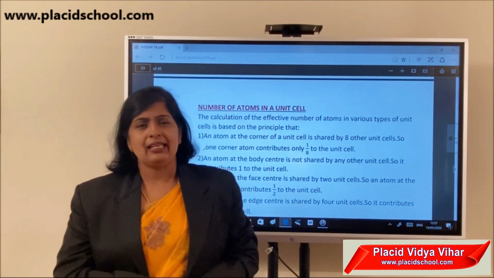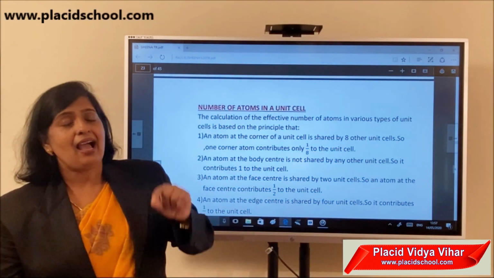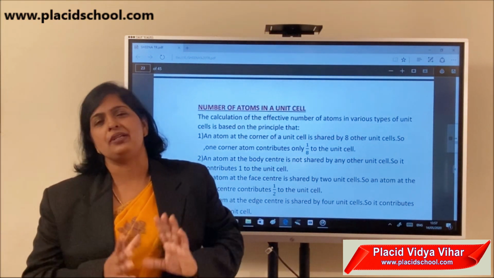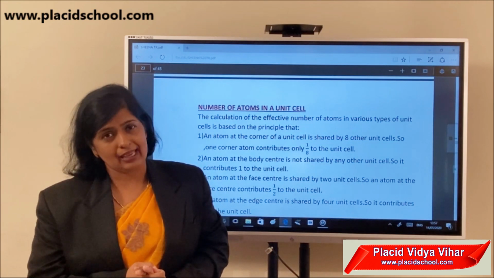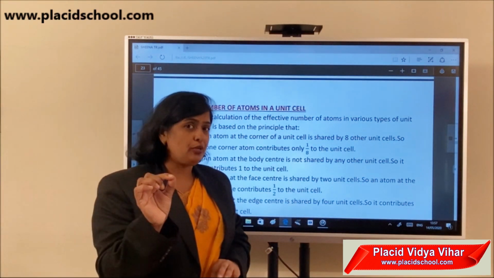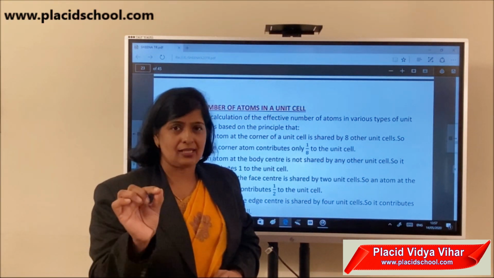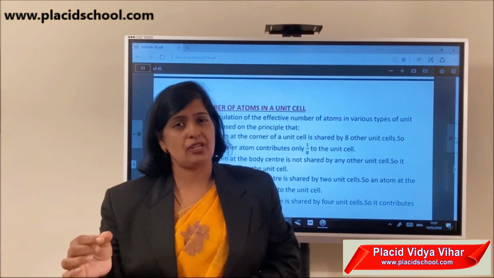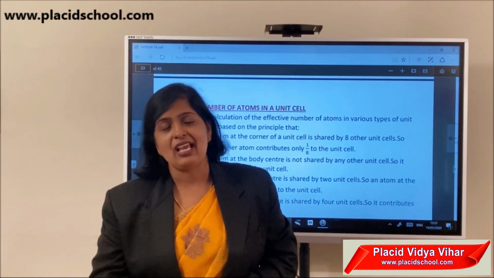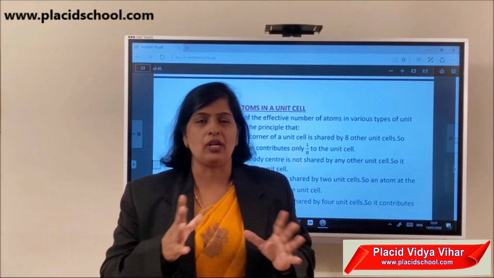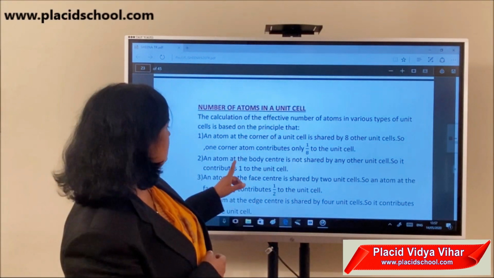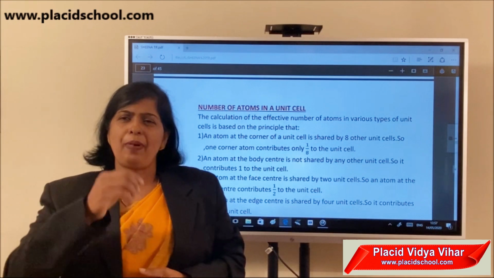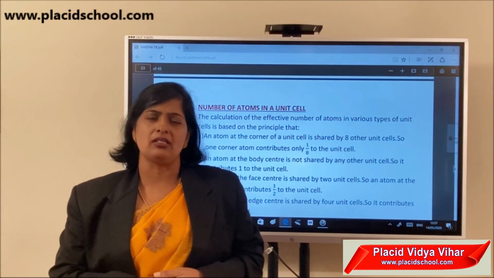Or we can say the contribution of a particle at the corner is 1/8 only to a particular unit cell. Again, may I repeat? The contribution of an atom at the corner position of a unit cell is 1/8 only. And in primitive unit cells or simple unit cells, particles are seen at the 8 corners.